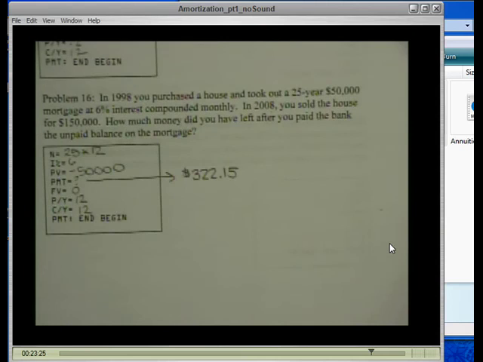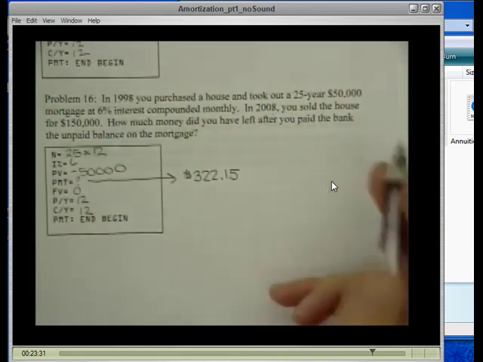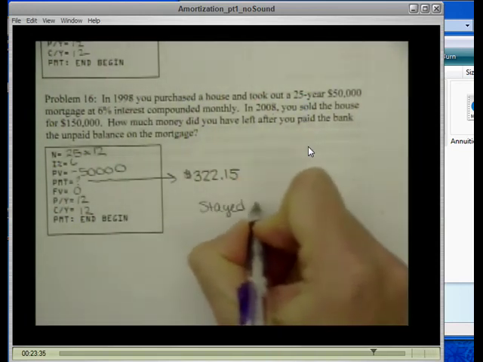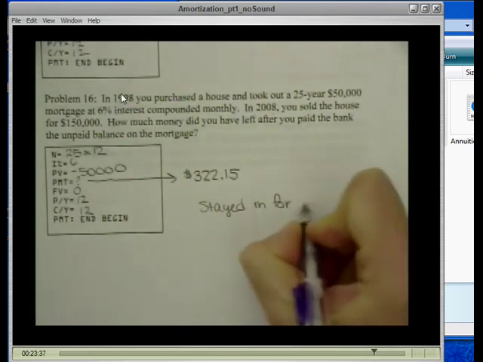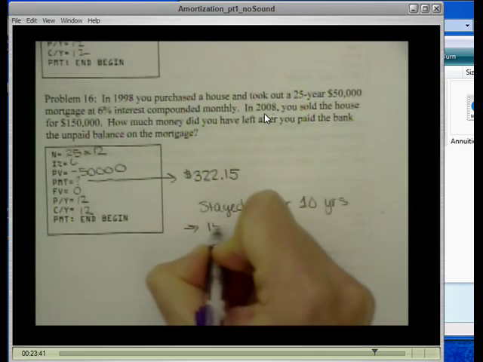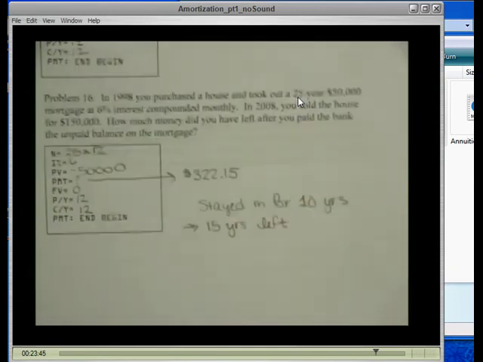Okay, so now we want to figure out what did we still owe when we sold our house. We bought it in 98, we sold it in 2008. So we stayed in the house for 10 years, which means we had 15 years left on the mortgage.